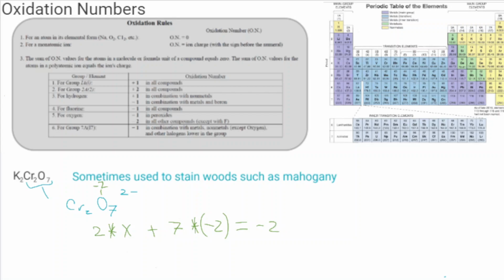And so just as a reference, I'm going to go ahead and put some shapes on here so you can see where everything's coming from. So we have our 2 chromiums. We have our 7 oxygens.